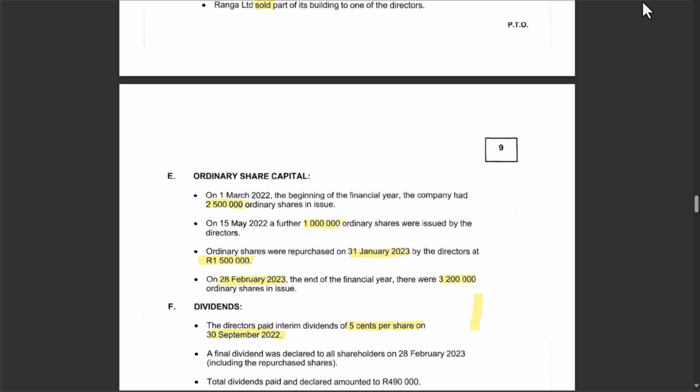But depending on the question, sometimes the information given is sufficient to tell us whether shares are excluded from the interim dividend or not. But if the question is completely silent, the treatment is that they will be included.